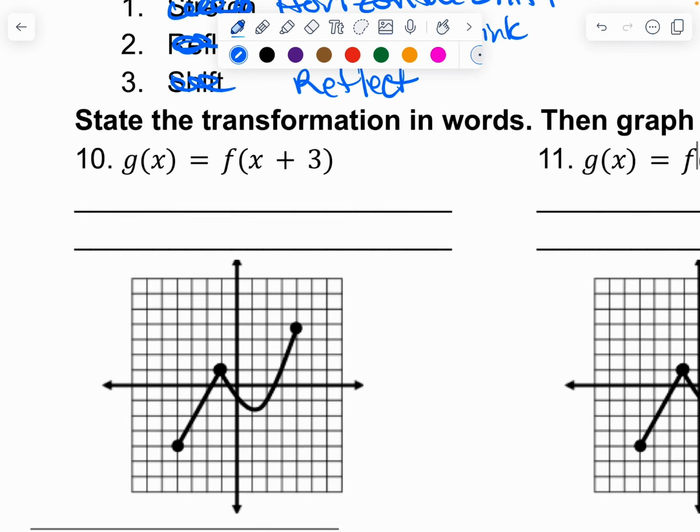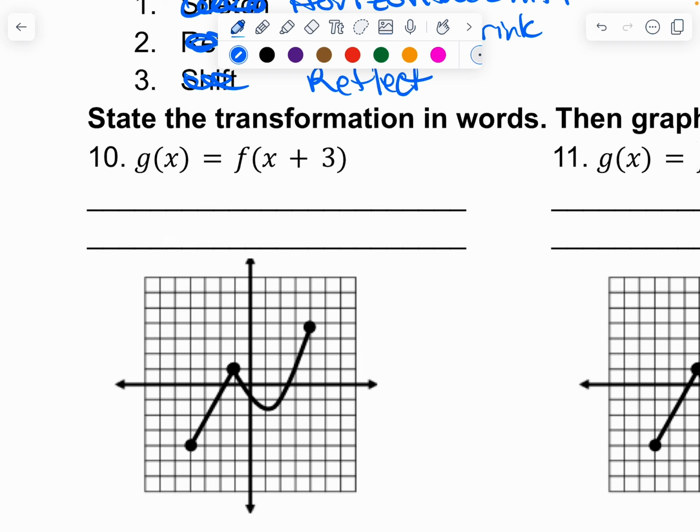So right here, all we're doing is adding inside. So addition, remember, it's x minus a, so -3. So I'm going to shift left 3.